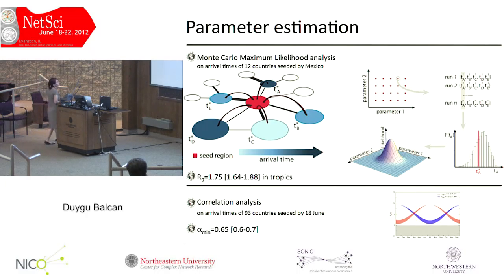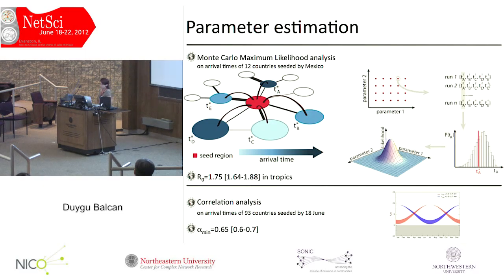We have generated millions of simulations in order to estimate some of the key parameters, one of which is the basic reproductive number. The definition is the average number of infectious individuals which would be generated by a typical infectious person during her infectious period. That is the key parameter in determining whether an infectious disease is going to take off in the population or will die out. And it also determines the extent of interventions that you have to put at work.